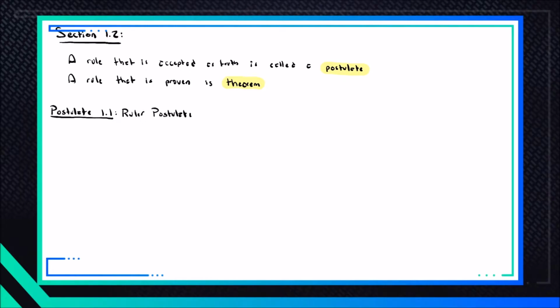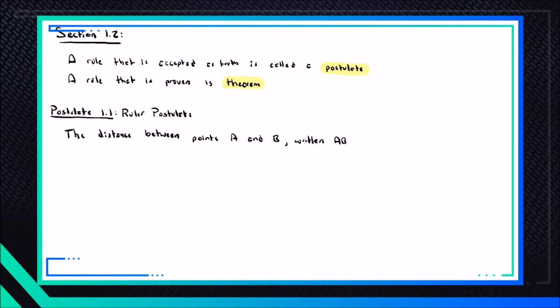And now the Ruler postulate is basically saying that the distance between 2 points can be measured. So the distance between points A and B, written AB.